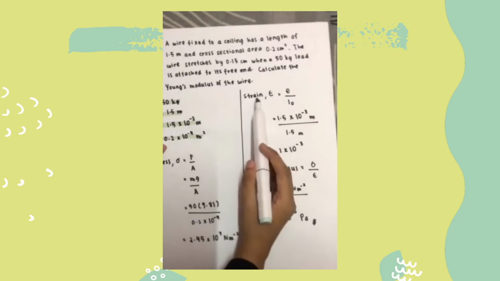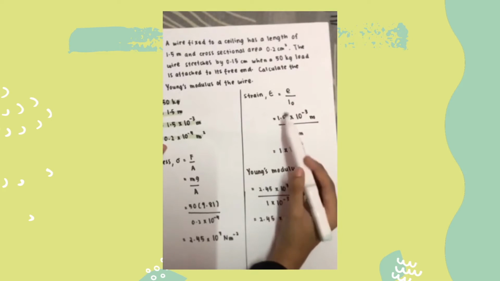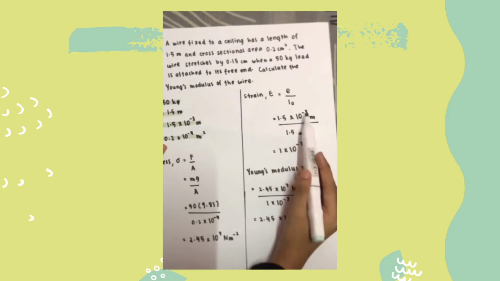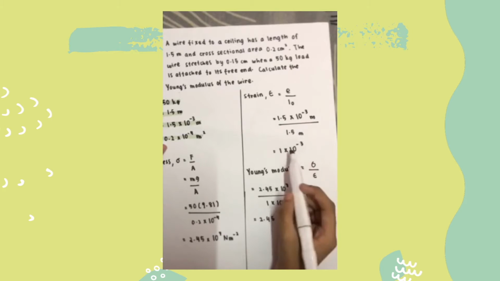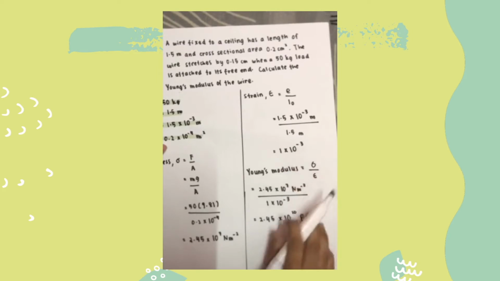Then we find the strain, and the formula is e over l0. Then 1.5 times 10 to the negative 3 divided by 1.5 meter, which gives 1 times 10 to the power of negative 3.